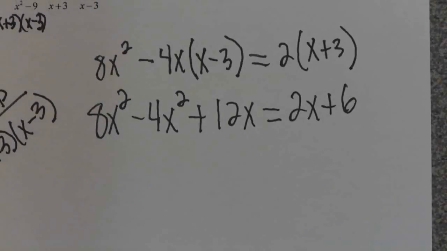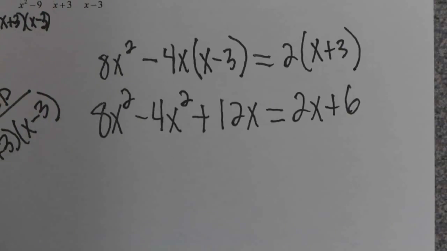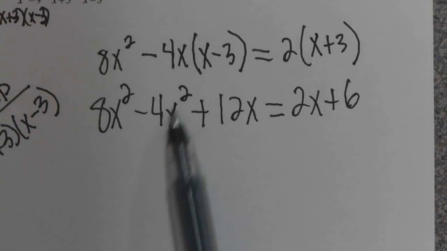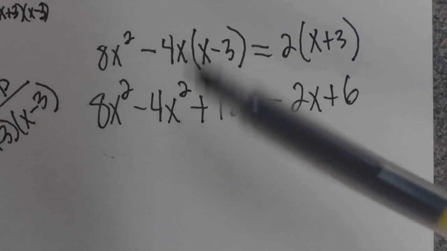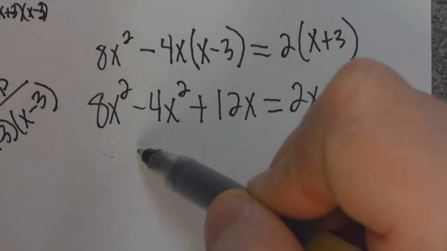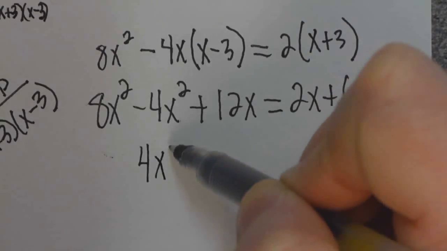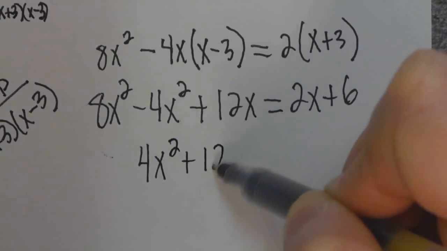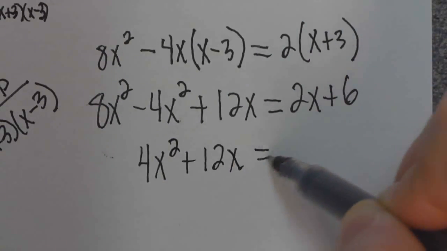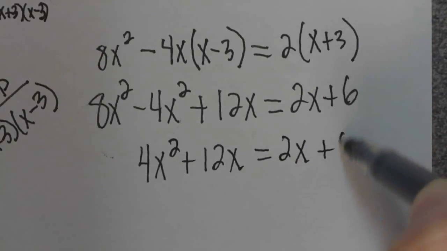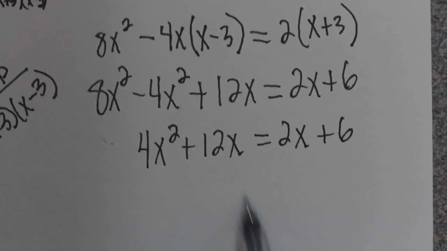So we're going to combine like terms on one side and then start moving things. Austin, did you have a question? I was saying, why don't we combine the... Yeah, we totally want to combine those first, right? So 8x squared minus 4x squared is 4x squared. So on this side, I have 4x squared plus 12x. On the other side, 2x plus 6.